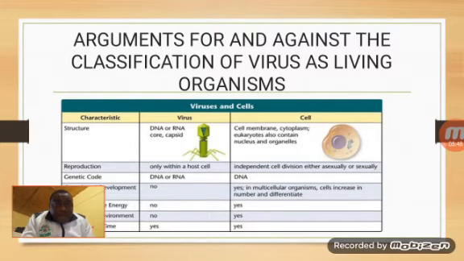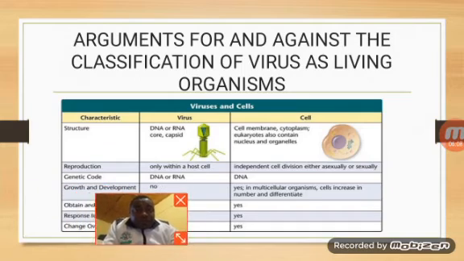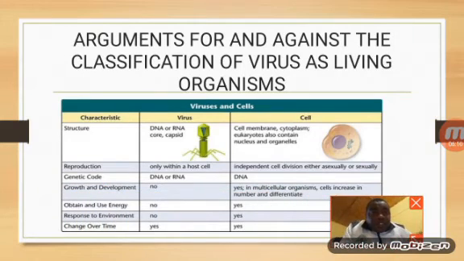If we look at this diagram, I'm trying to differentiate between a virus and a cell. They reproduce within a host cell, while other living cells can reproduce independently. Viruses do not carry out growth, while normal cells do.